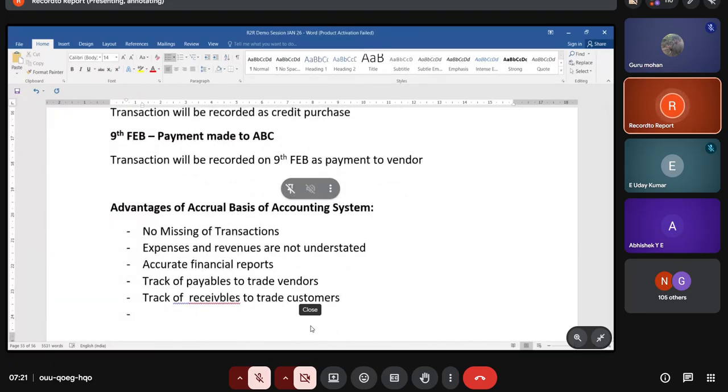So there is a proper track of what the payable and the receivable amounts are, and we can easily track that. There are no mismatches. That is the advantage of the accrual basis of accounting system, guys. Did you understand the definition of that? Any doubts?